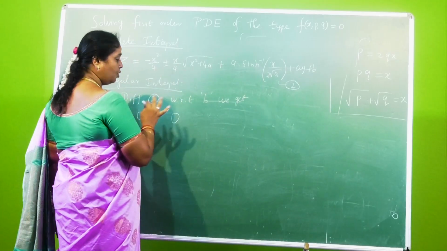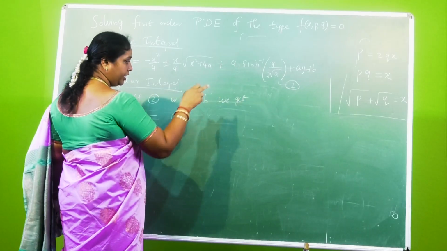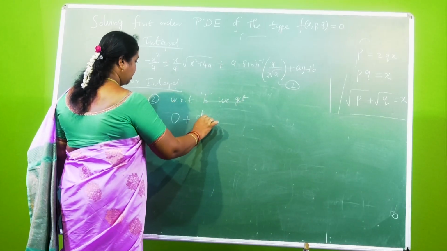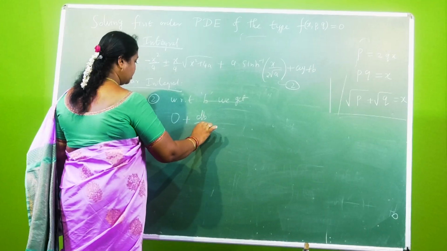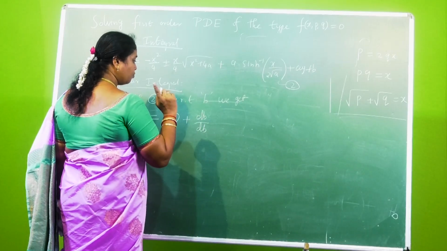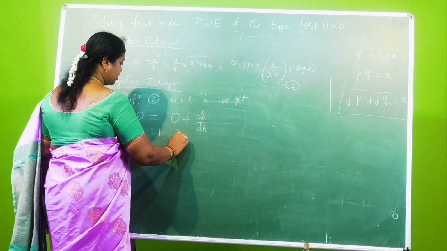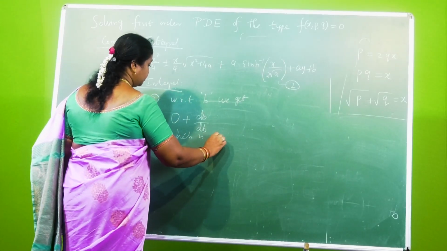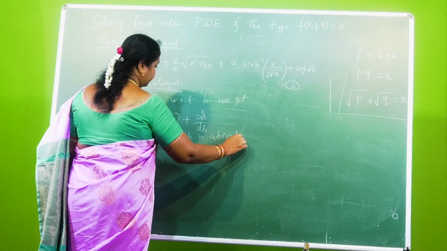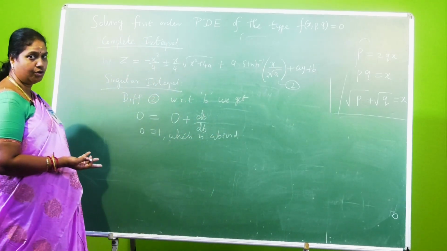So totally 0. The last term will be db by db, because you are differentiating b with respect to b. So what will this be? This is 1. So you are getting 0 equal to 1, which is absurd, not meaningful. You know that 0 is never equal to 1.